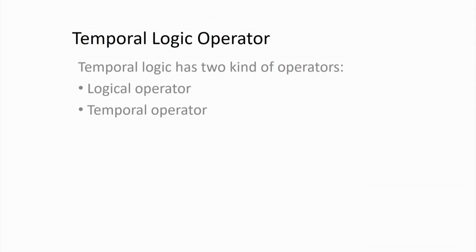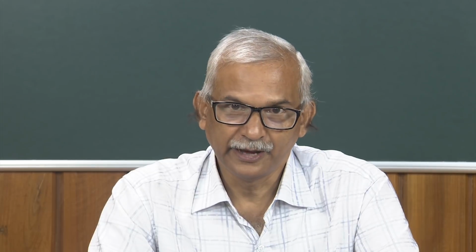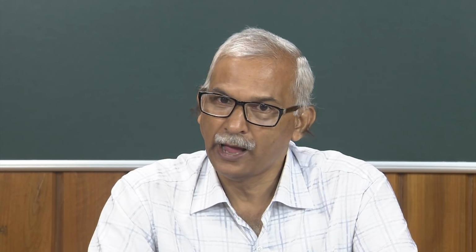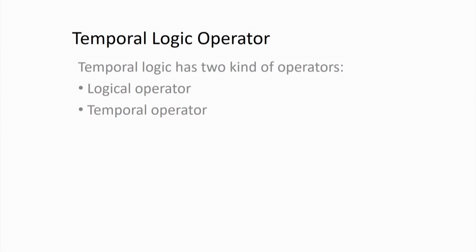So, what do we have in temporal logic? Already I have mentioned that we have propositional logic operators like disjunction or operation, conjunction or and operation, then if-then, implication. Okay. These are just some basic operators that we have in propositional logic, or we can have negation also, not. So, whatever logic operators we have in our logic family, all those operators can be used in our temporal logic.